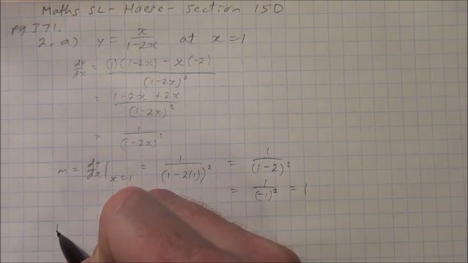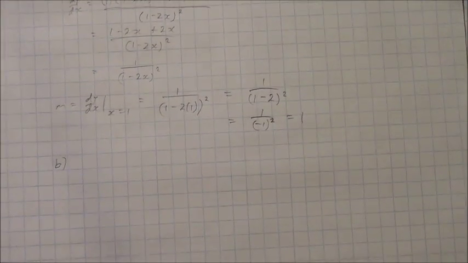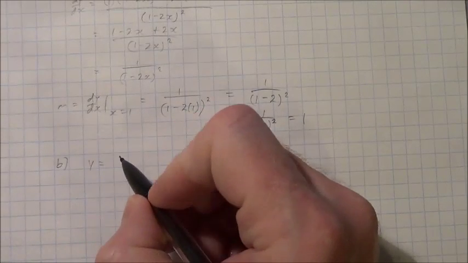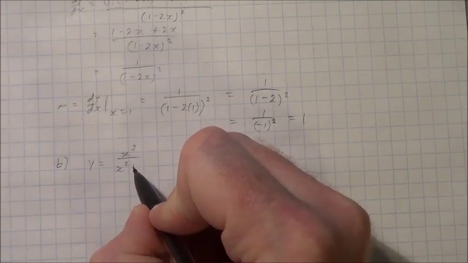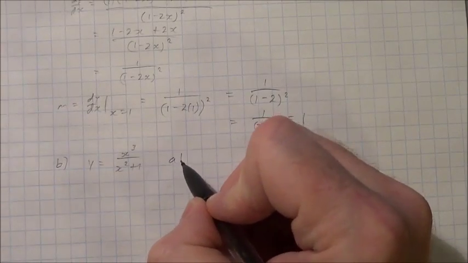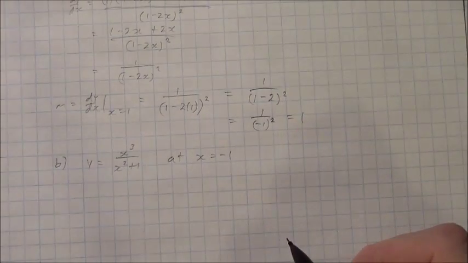Moving along to part B, we will see that the function is y equals x cubed all over x squared plus 1, and we're evaluating the gradient to this curve at x equals negative 1.